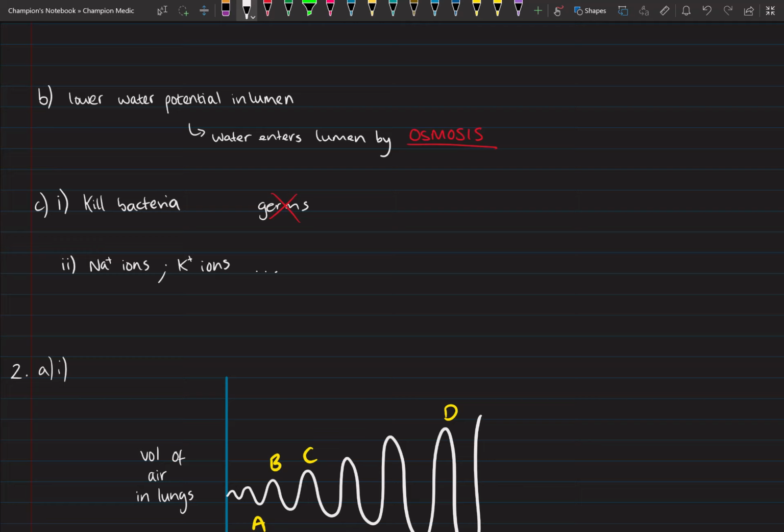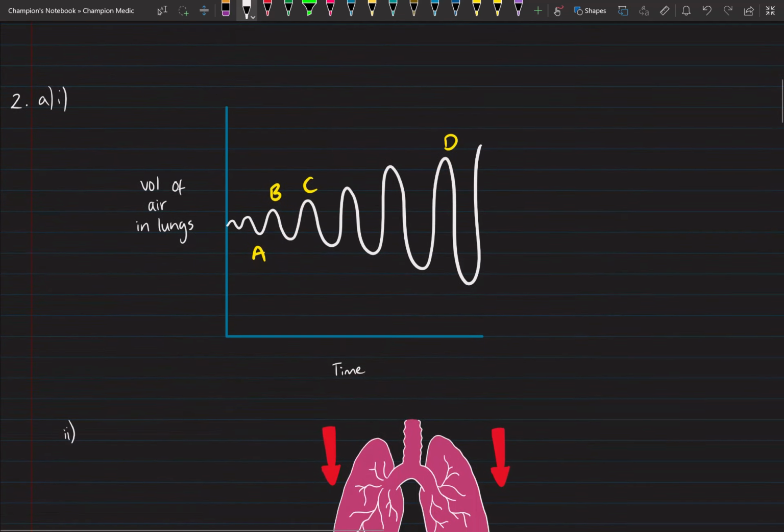The reason is because they need to lower the water potential in the lumen, so that water will go back into the cells. Because people with diarrhea suffer from fluid loss, as it says on the first line of the paper. So you need to replenish that water supply.